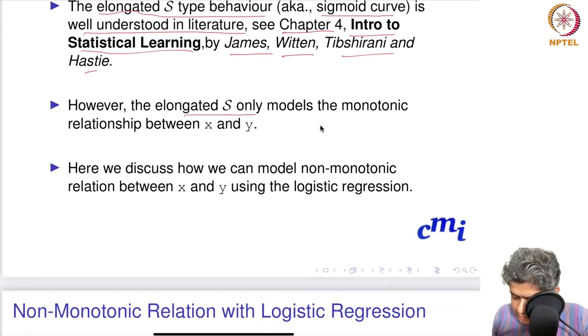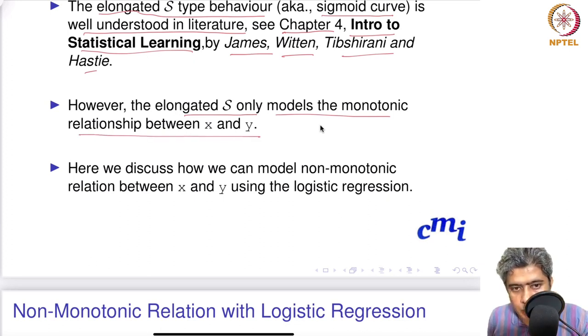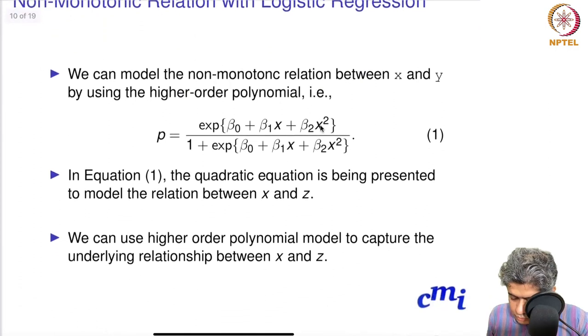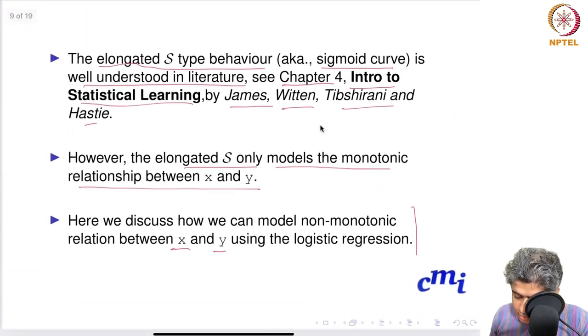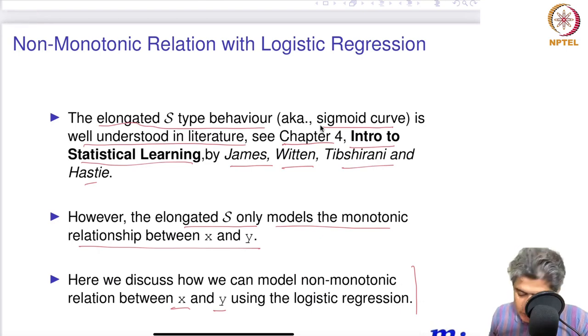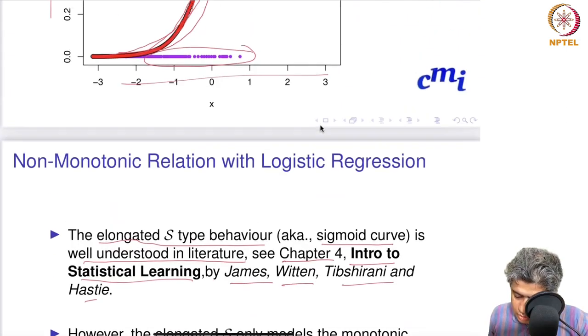However, the elongated S only models the monotonic relationship between X and Y. Here we discuss how we can model the non-monotonic relation between X and Y using logistic regression. Before going into how, I hope you understood why I am calling it monotonic.